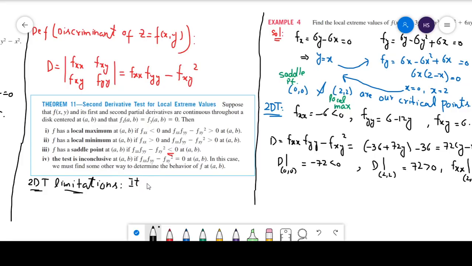We have seen that it does not apply at the boundary points.